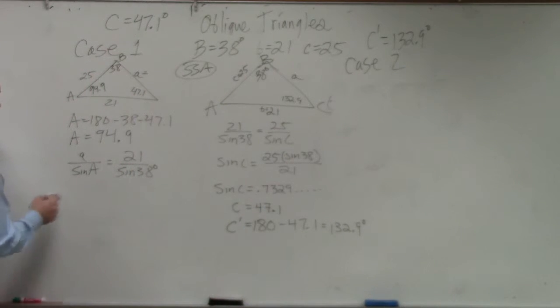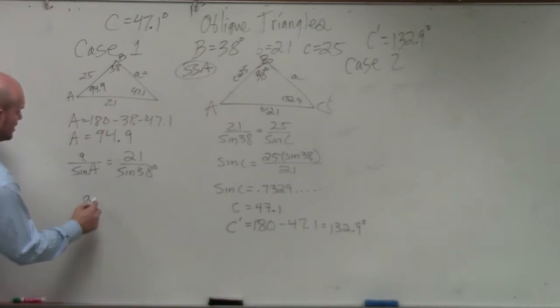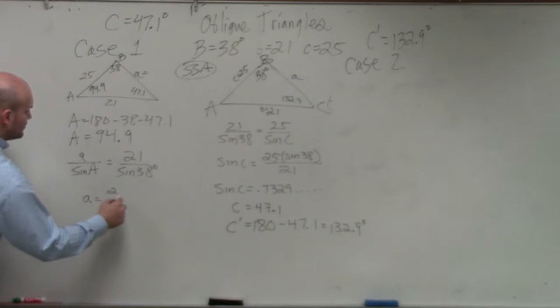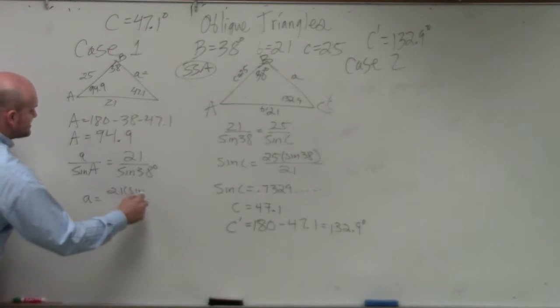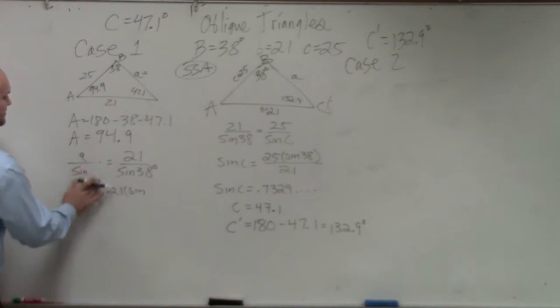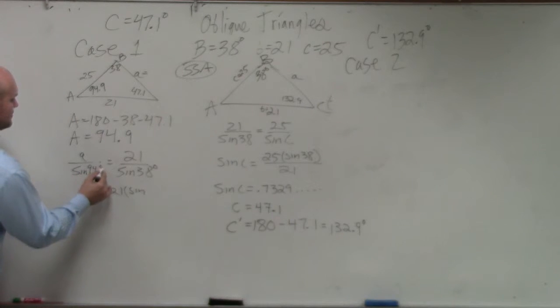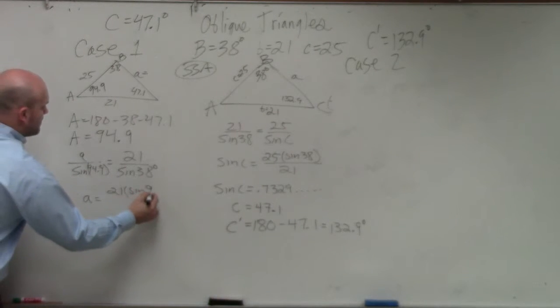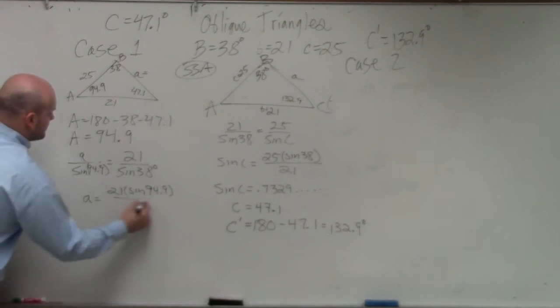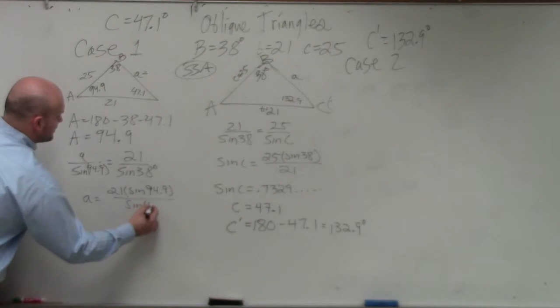So therefore, by using your solving techniques, a equals 21 times the sine of A, we already knew sine of A, 94.9, all over the sine of 38.